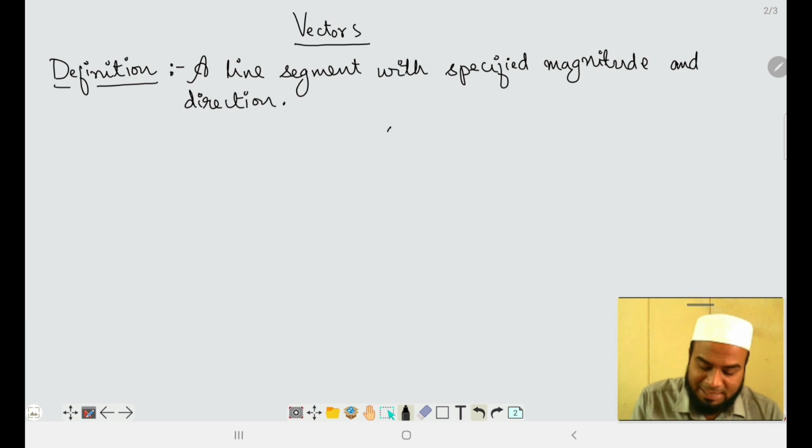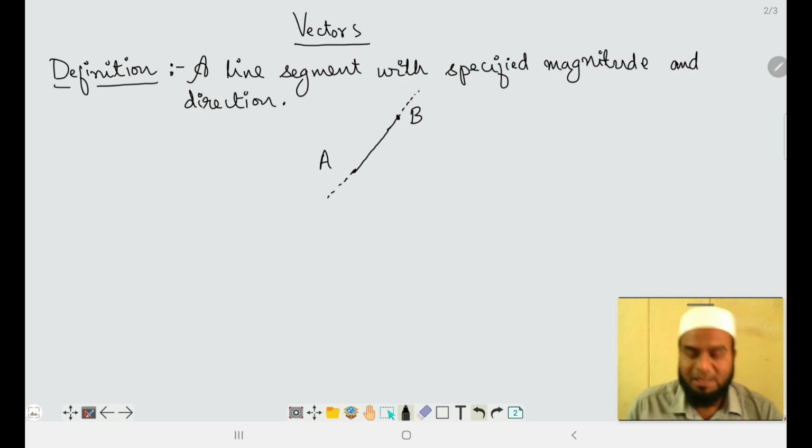Consider a line segment, where A is the initial point and B is the final point, and suppose this line can be extended, and then this line can be given a direction. Let this be the direction. You can observe that this line has a length, which is called the magnitude of this vector, and it has a direction, that is, the upward direction. So this type of thing is called a vector.